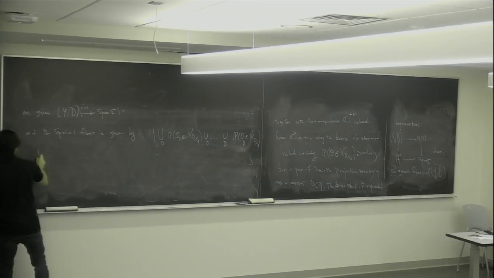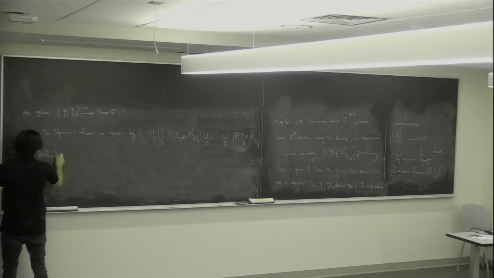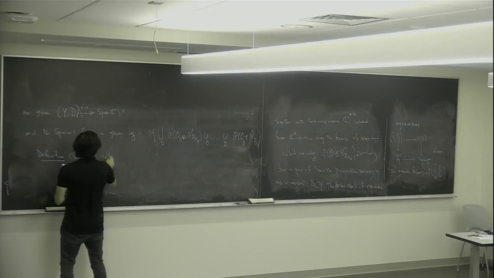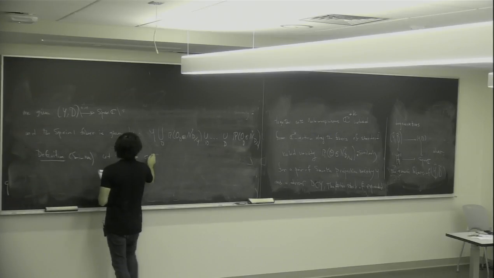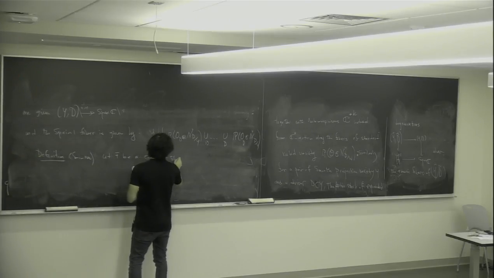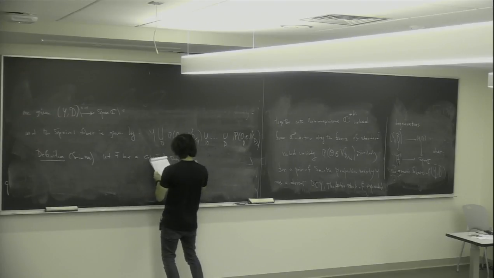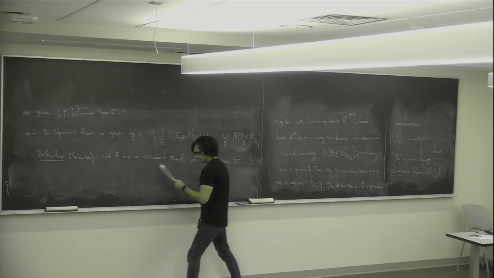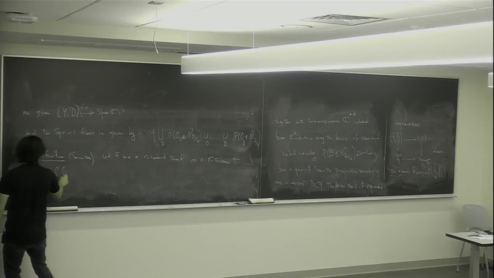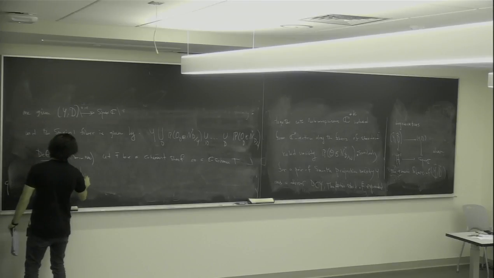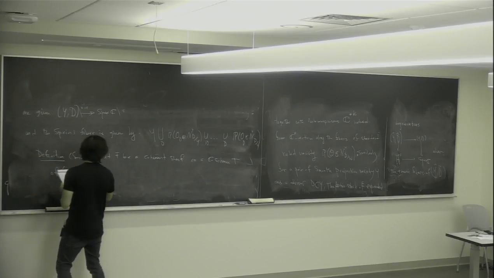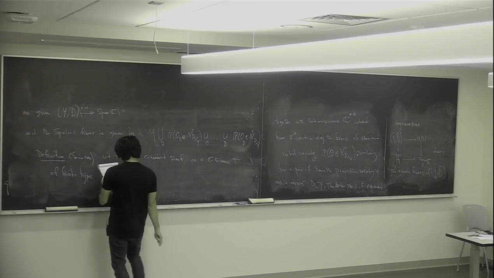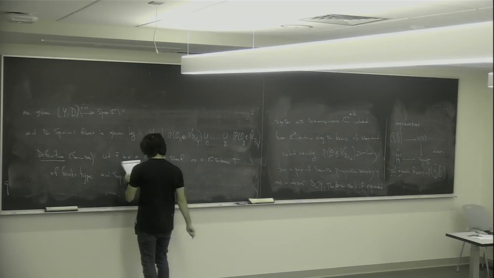So, definition. This is due to Li and Wu. Let F be a coherent sheaf on a C-scheme T of finite type, and suppose that Z in T is a closed subscheme.